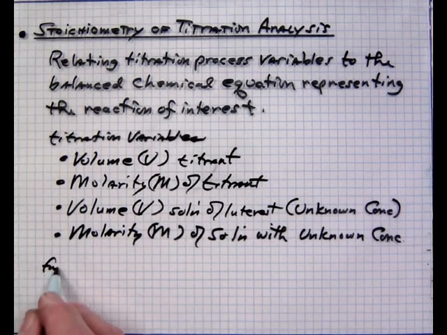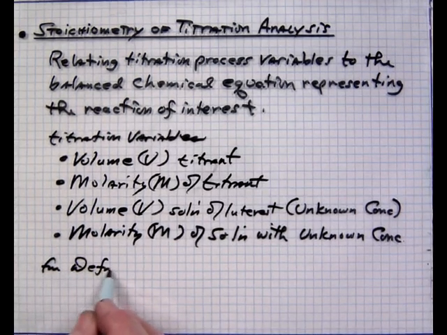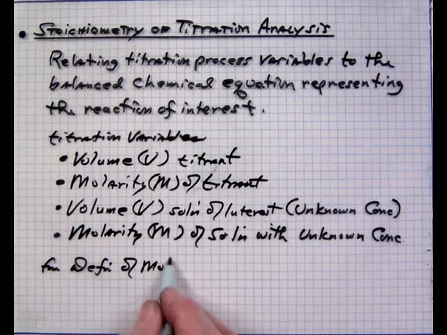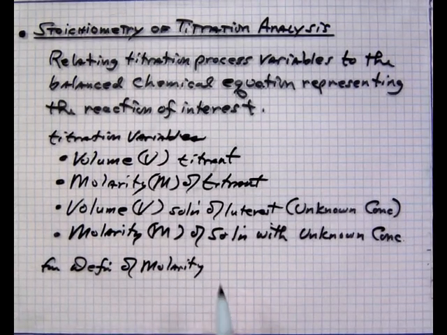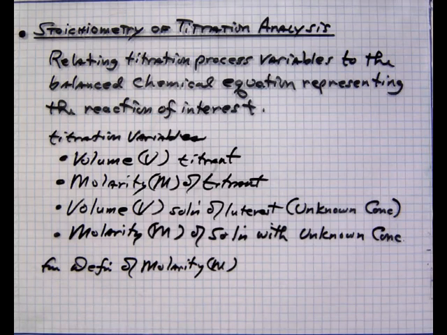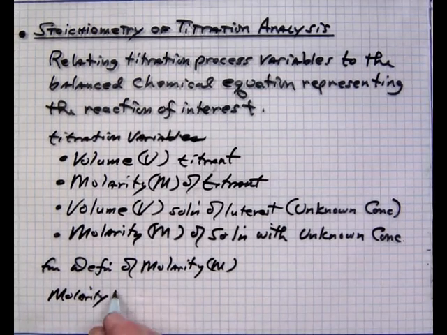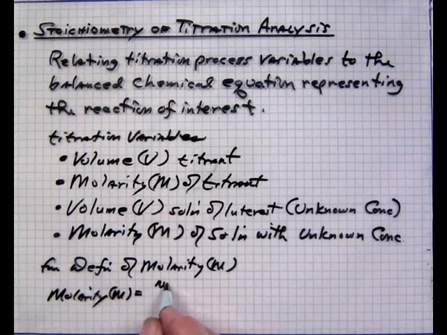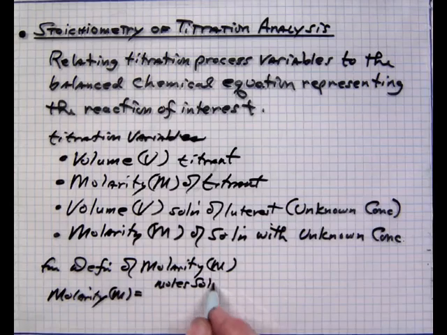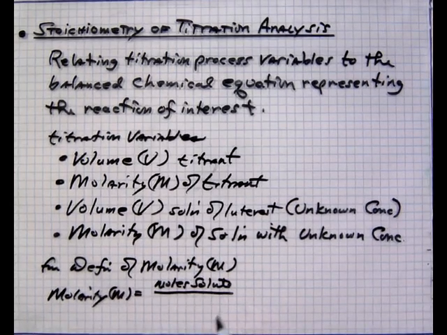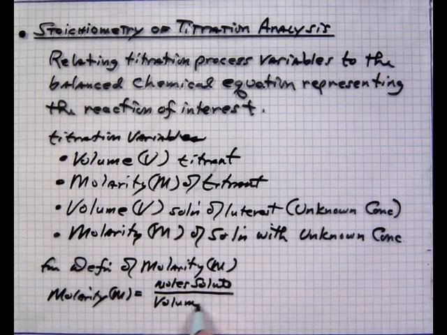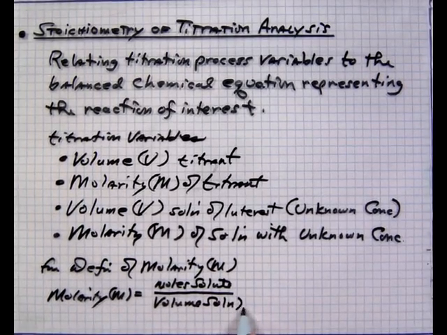From the definition of molarity, we can derive the relationship between moles and titration variables. That is, molarity M is equal to moles solute over volume solution expressed in liters.